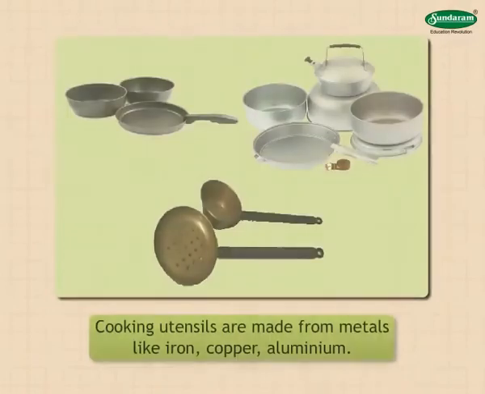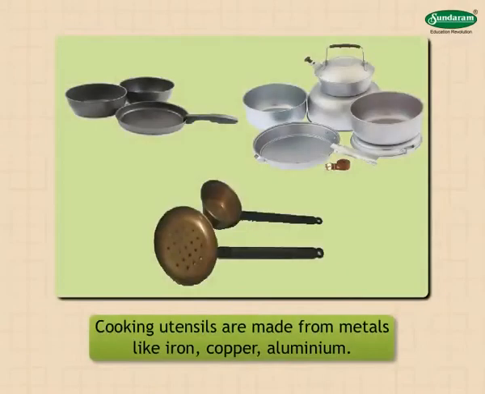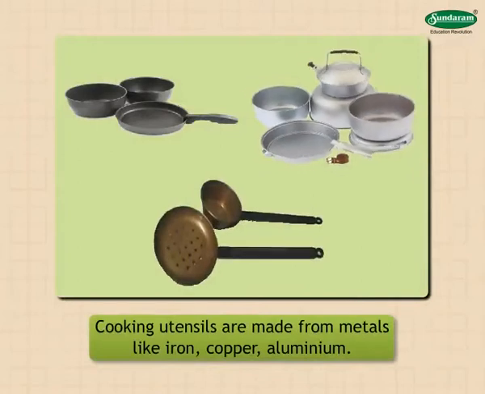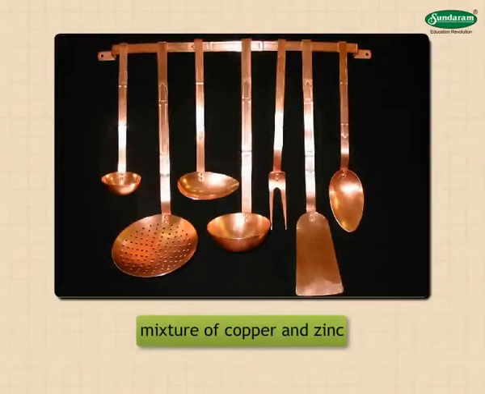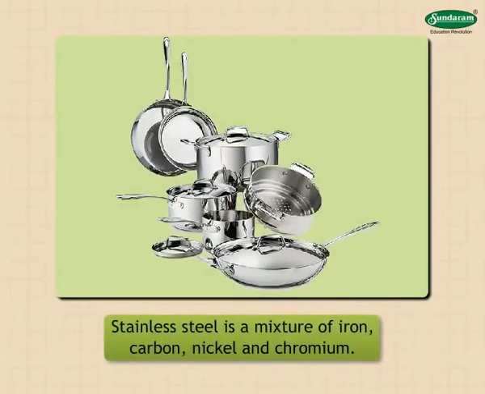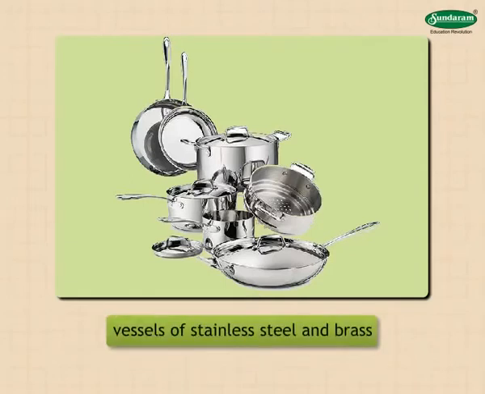Metals. Cooking utensils are made from metals like iron, copper, aluminium. Brass, which is also used to make kitchen utensils, is a mixture of copper and zinc. Stainless steel is a mixture of iron, carbon, nickel, and chromium. You are familiar with the use of vessels of stainless steel and brass.